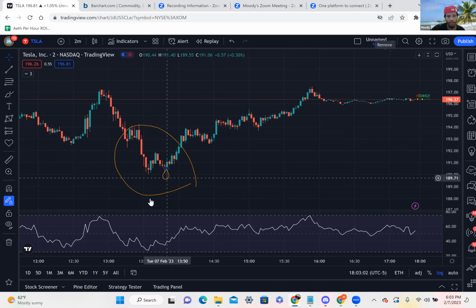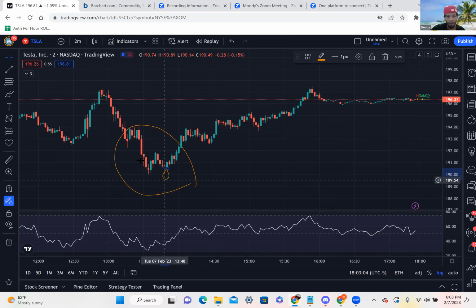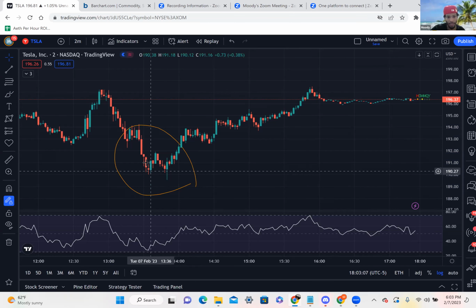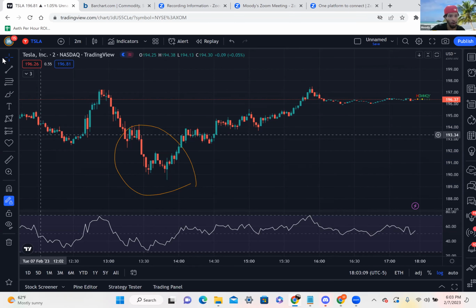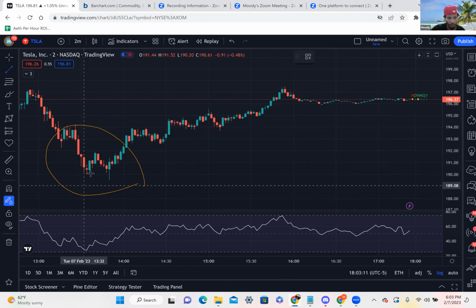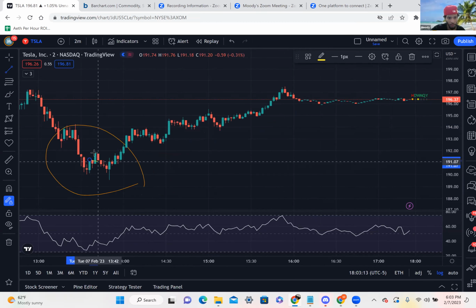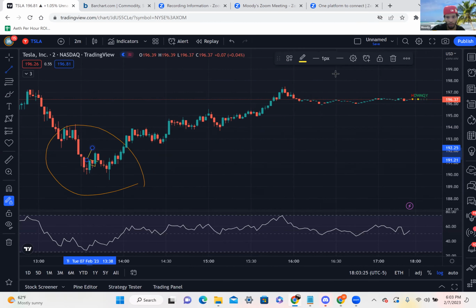So one thing I'll say, what I see in here, I see the double bottoms. I see the morning star. Off of the morning star, right here, I see a bull flag breakout, coming into a tweezer top reversal to come back down, creating a head and shoulders. Delete.